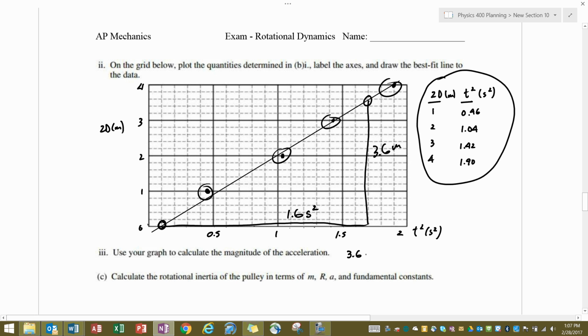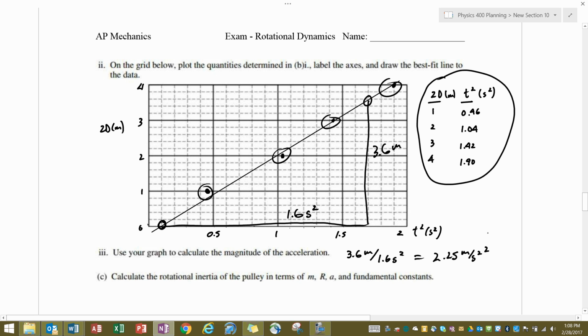So 3.6 meters over 1.6 seconds squared gives me my acceleration, which is 2.25 meters per second squared.